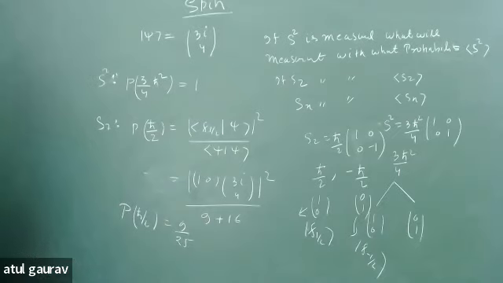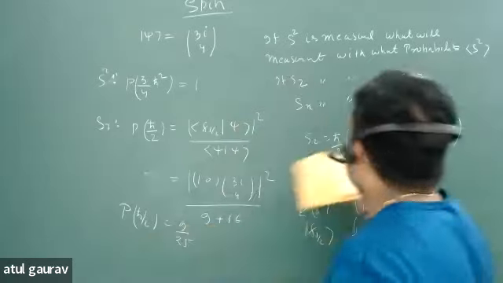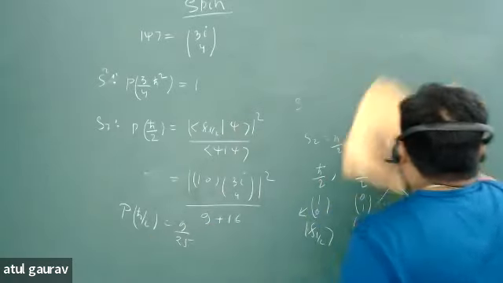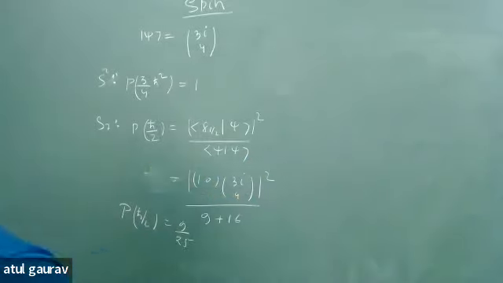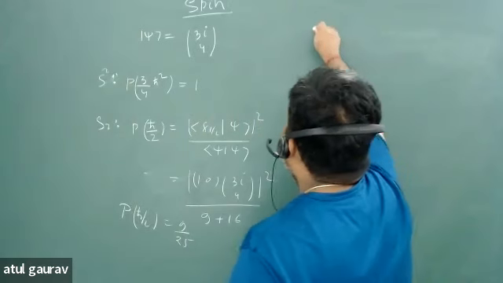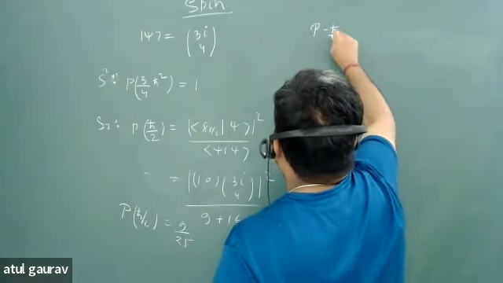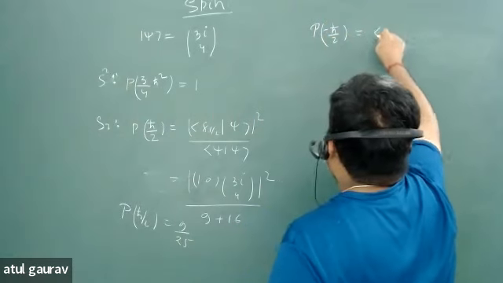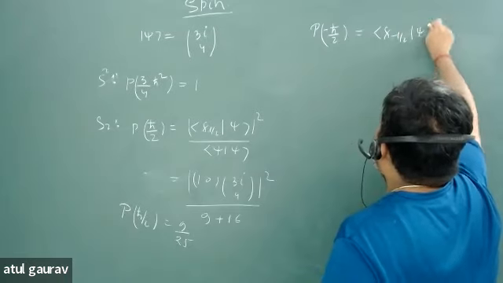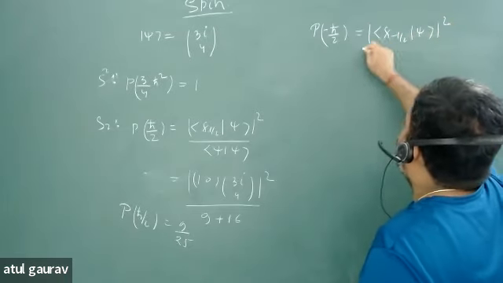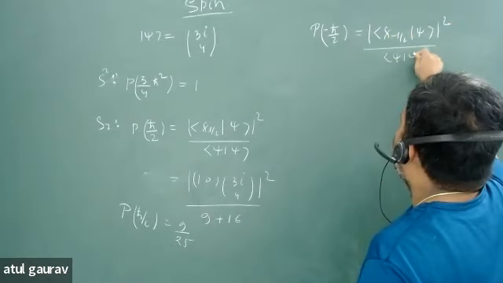So the probability of h cut by 2 is equal to 9 upon 25. And similarly, if we want to calculate the probability of measurement of minus h cut by 2, I can write chi minus half dagger psi, mod square.